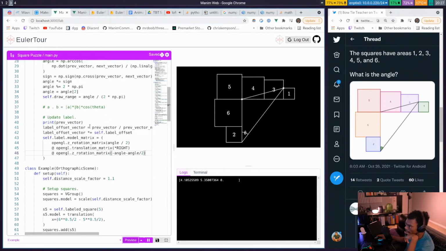Self.label offset. So then this label offset vector should just be right times that label offset.